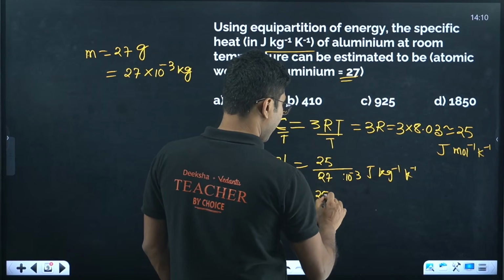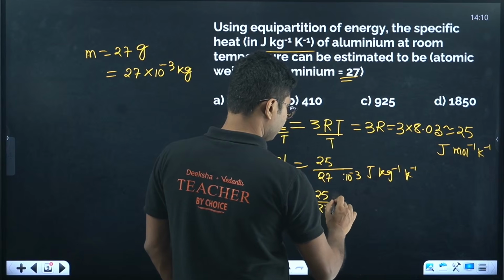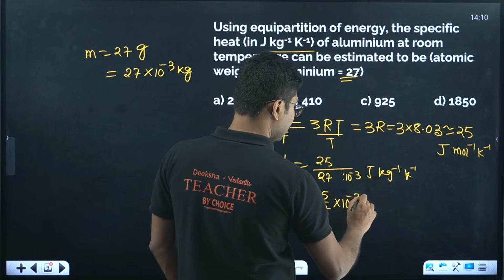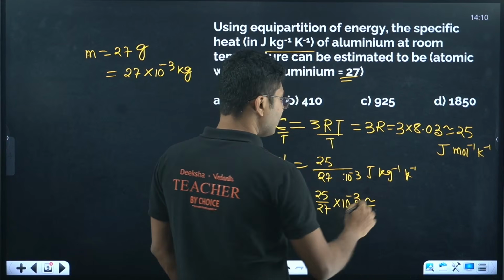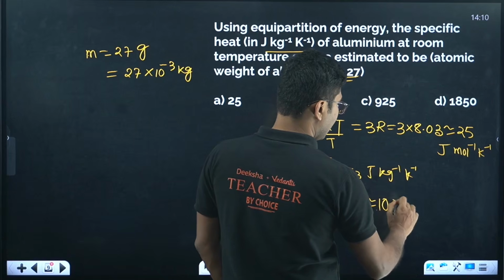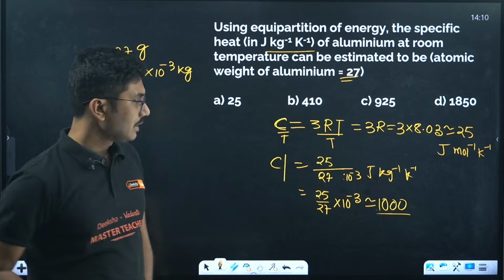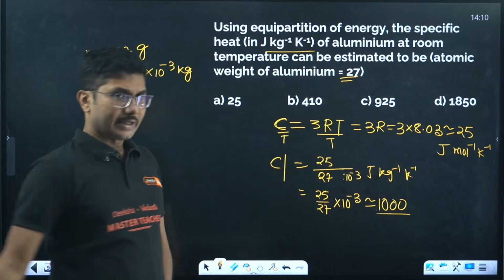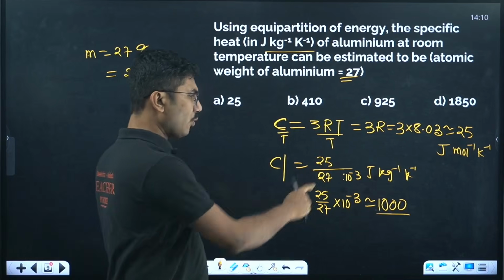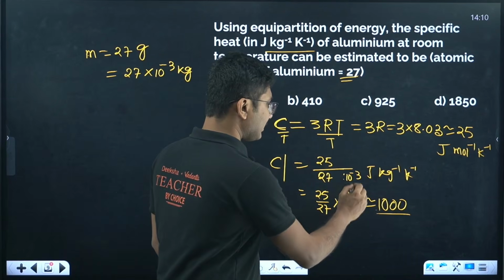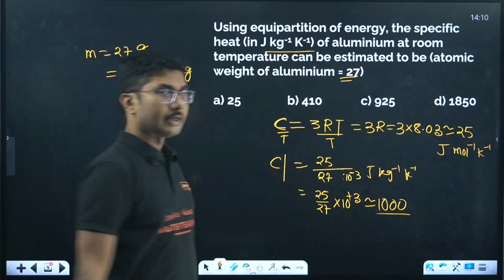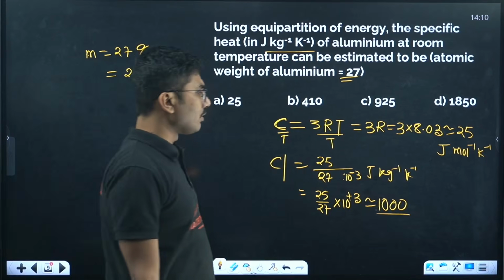So 25 by 27 into 10 to the power of minus 3, which will be very close to 1000. Again, we are not using any calculators. So 25 by 27 we take as 1, into 10 to the power of plus 3, because this was in division, so this goes up and becomes plus. So it will be very close to 1000.